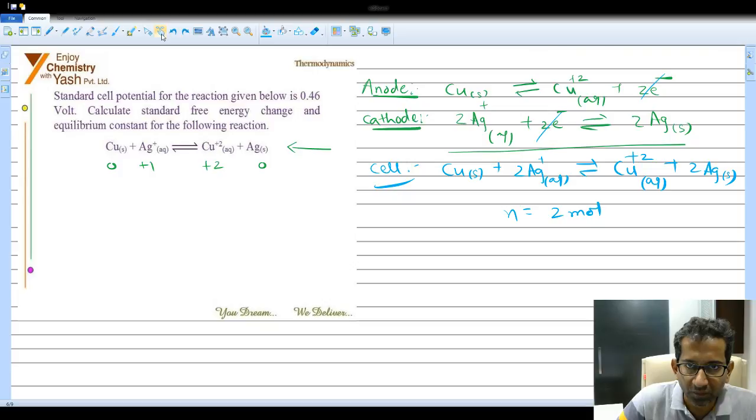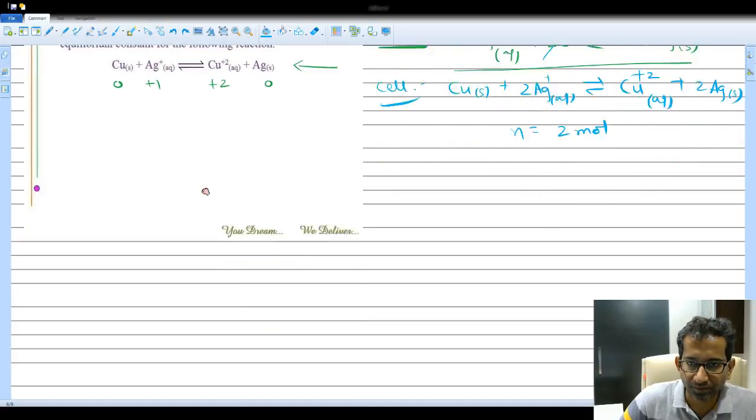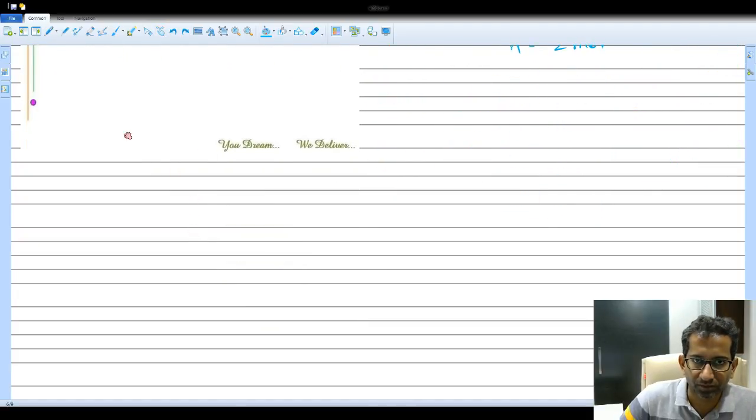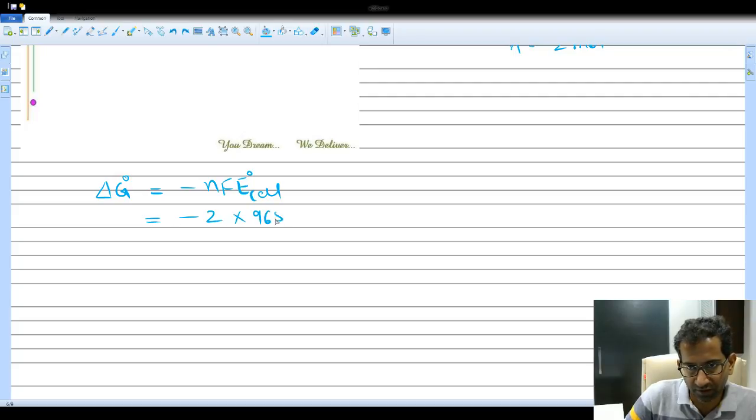Okay, let's move. Now delta G0 is equal to minus nF E0 cell. n equals 2, F equals 96500, and E0 cell is 0.46.